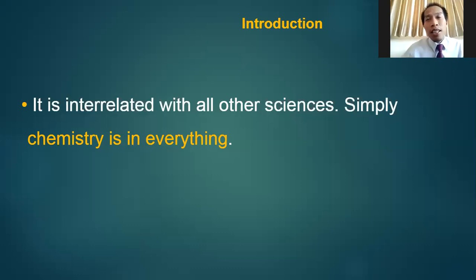Those are also things we have to know about the relation between chemistry and the other sciences. So next lesson, I'm going to discuss that, because we don't have much time now. We have only 3 minutes to finish the lesson, so we are going to learn these things in the next lesson.